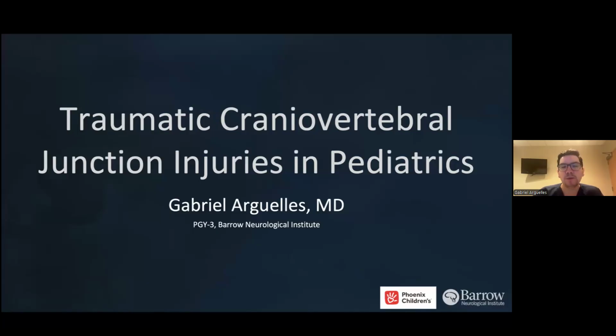And we probably won't talk about too much etiology other than traumatic ones. There are other etiologies of craniovertebral junction pathology, especially in pediatrics: syndromic, congenital, and the like. We'll go into it a little bit, but with the time we have allotted, we'll focus on traumatic injuries. Feel free to interrupt me whenever to ask questions. I don't mind at all.